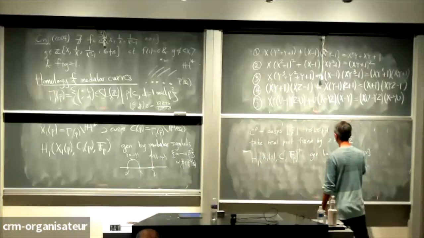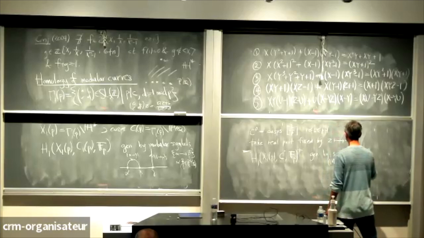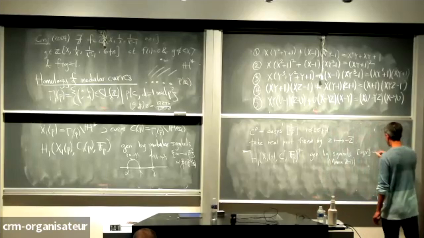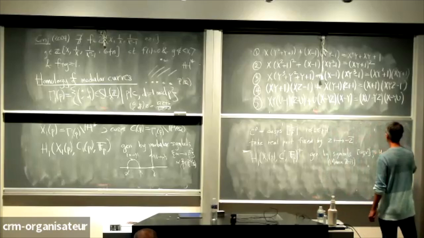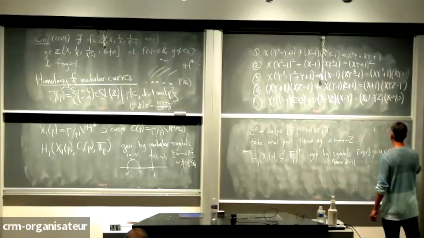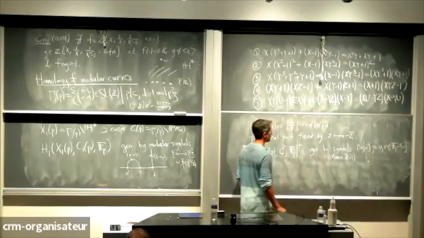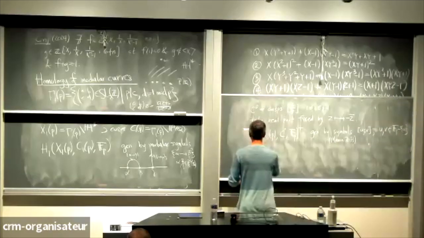This is Manin, maybe '72 or '73, I forget which year. UV, where U and V are in F_P and non-zero. So what is the symbol?